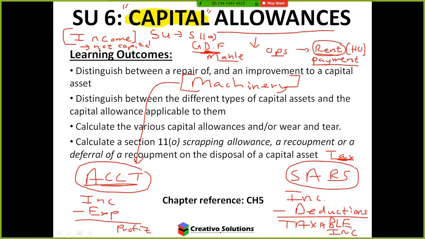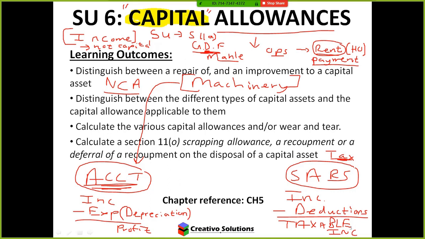The machinery would be a non-current asset, recorded in the balance sheet. You're not going to account for it in the income statement or the statement of comprehensive income. But what do accountants process for machinery? There's an expense called depreciation.